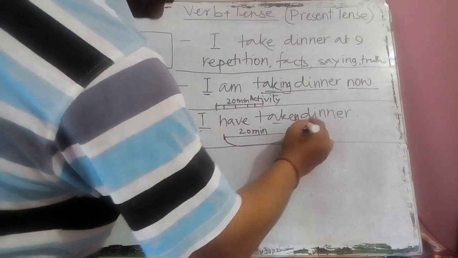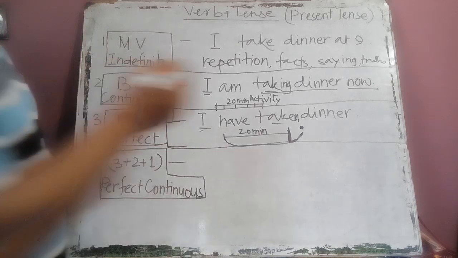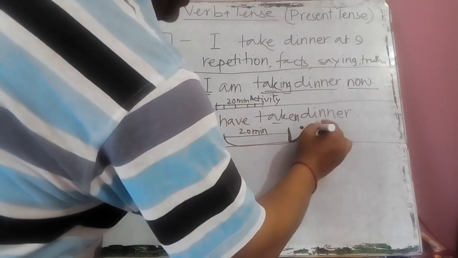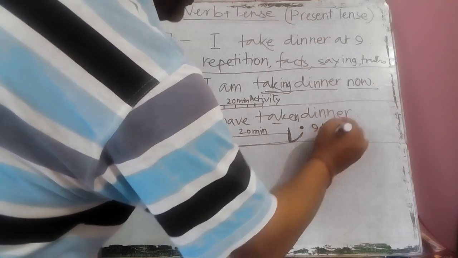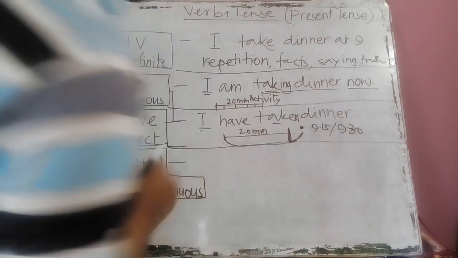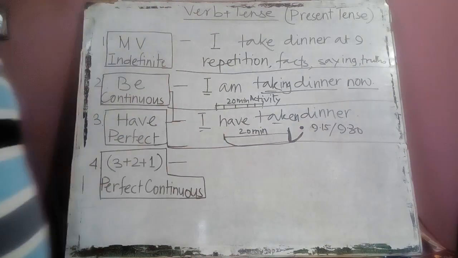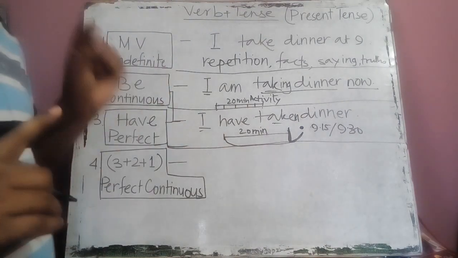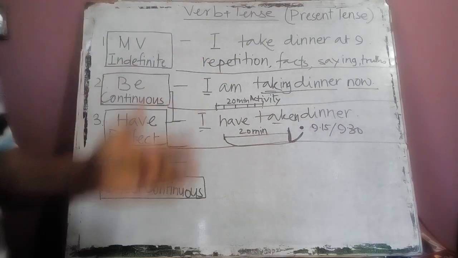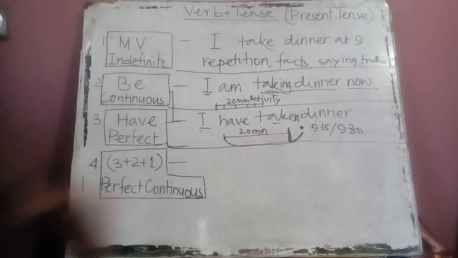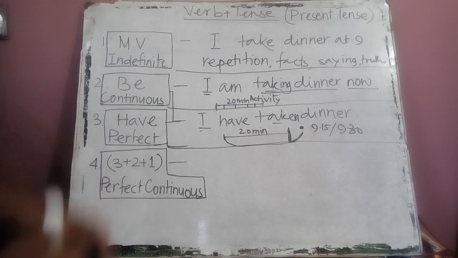At this point we're talking about the action and whether it's over or not. Say, for example, the time is now 9:15 or 9:30. Your father or friend wants to know, because he has an idea that your dinner is taken by 9. At 9:15 or 9:30, your mother wants to know whether your dinner is taken or not.